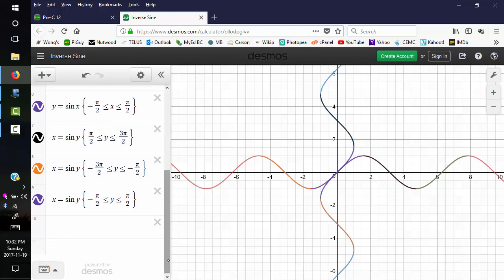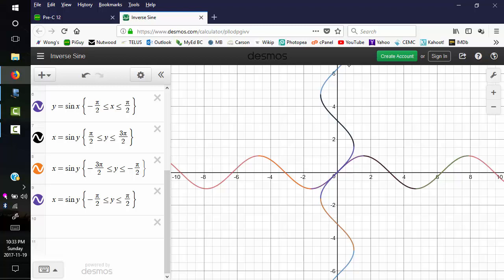So we're going to limit the domain into segments, and we'd like to determine which segment gives us a segment on our inverse relation that will give us a proper range. So this one matches up with this one matches up with this one matches up with this, and this one matches up with this.